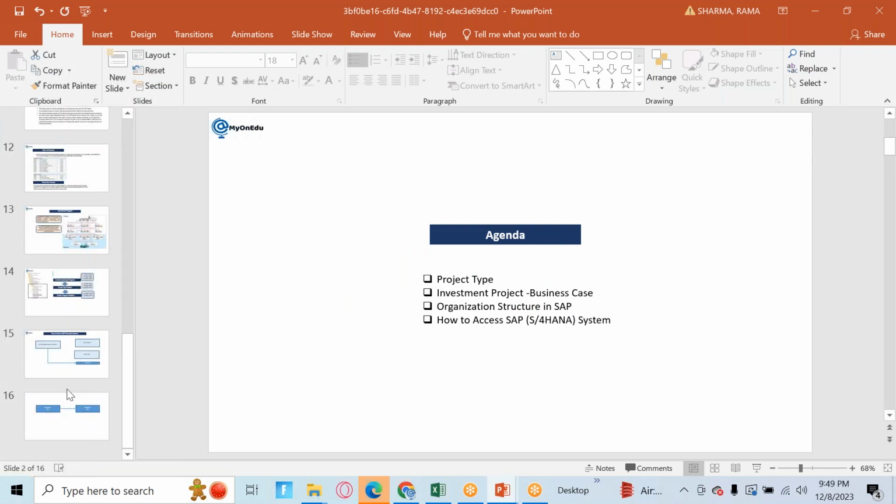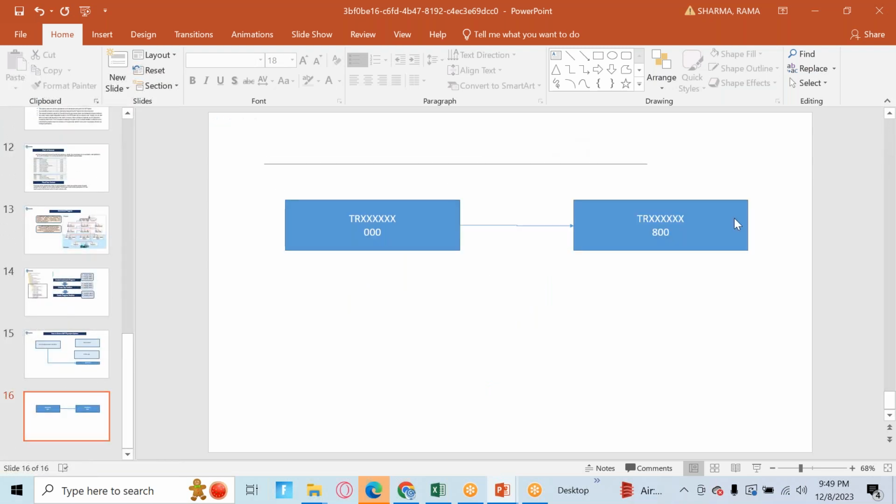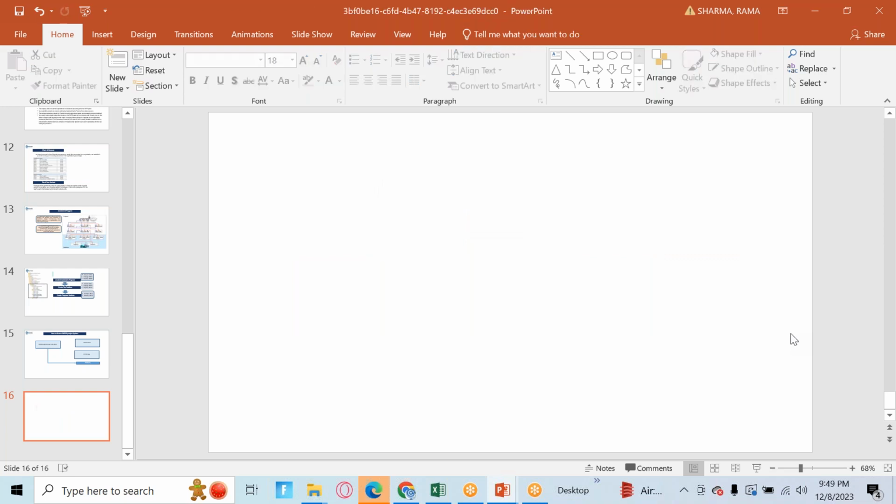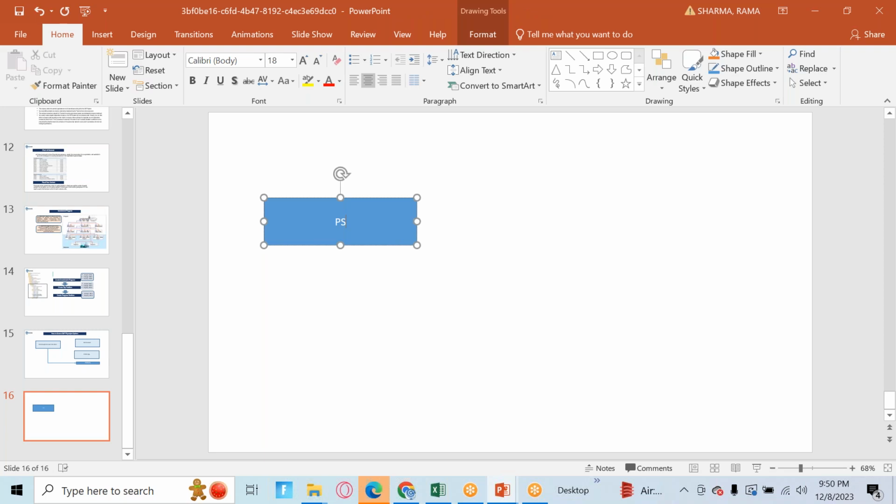Actually, the concept of EPPM was previously also available before S4HANA. But let us understand the complete history of how exactly it arrived in S4HANA. Before S4HANA started, we had different modules. We had project system, which helps us manage our projects. We had investment management, which helps us manage projects before they start, from the approval perspective or the budget controlling perspective.